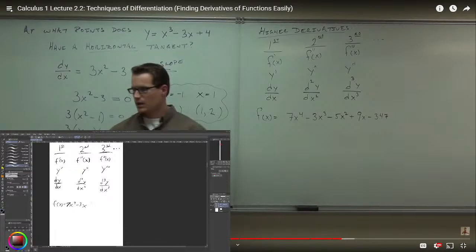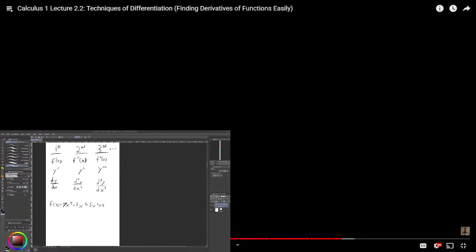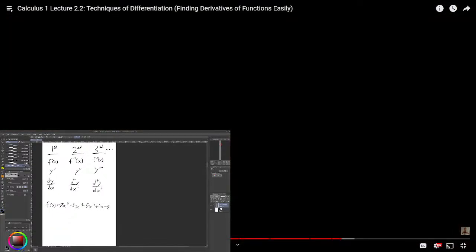It's 3x cubed minus 5x squared plus 9x minus 347.